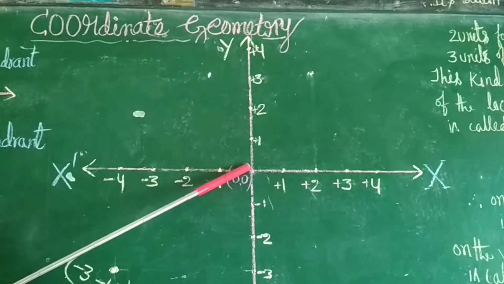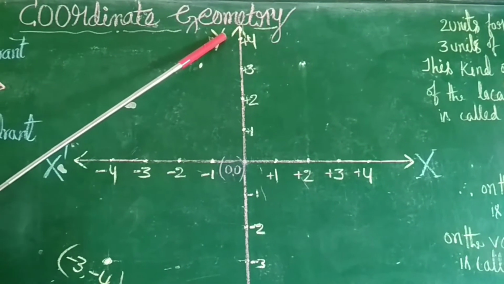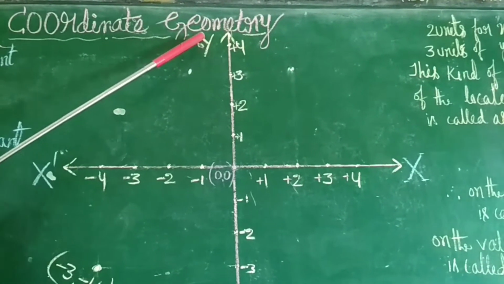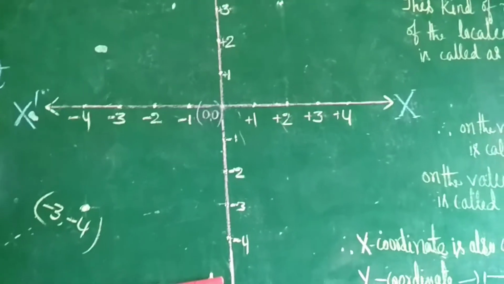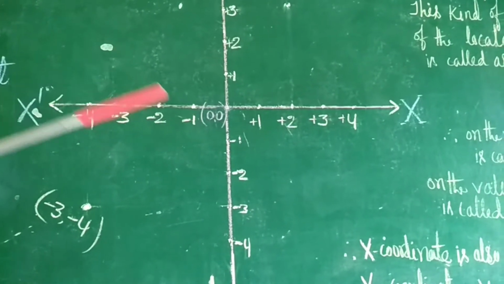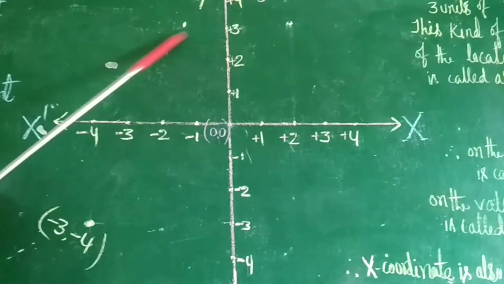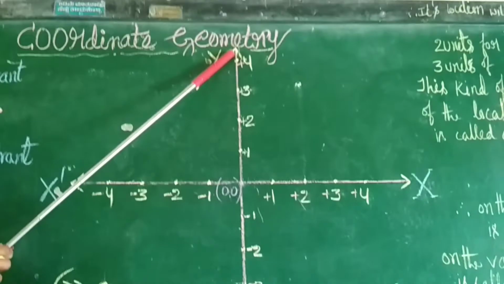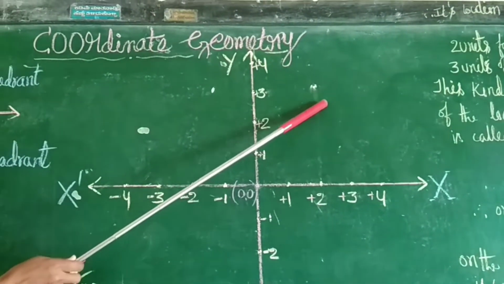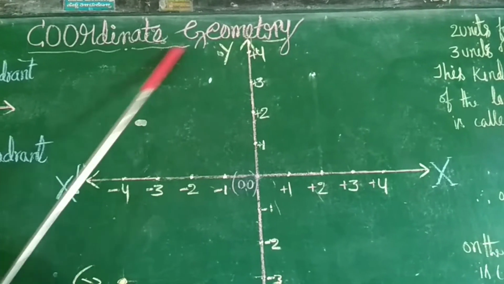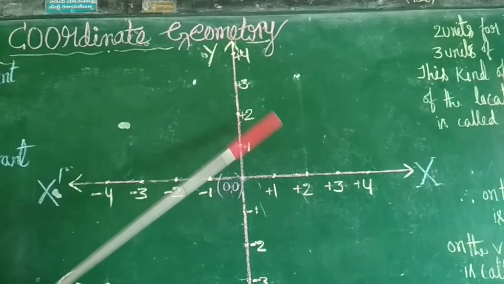Similarly, the y-axis possesses positive values above the origin and negative values below the origin. And these values of the x-axis and y-axis help us to find the location of any point on a plane surface.